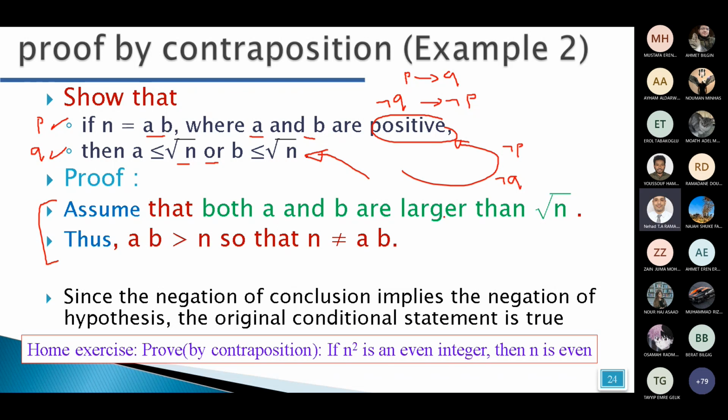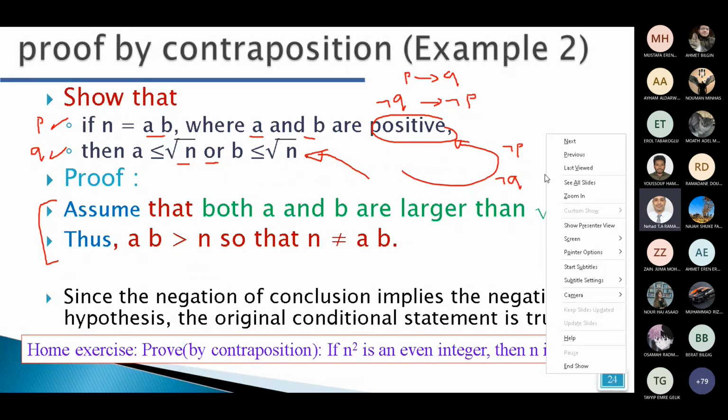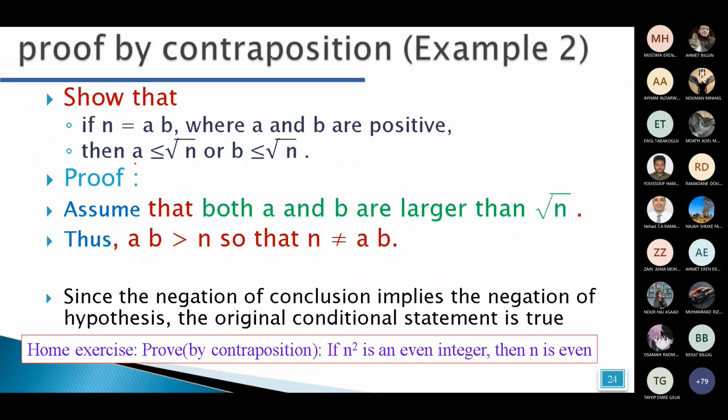What is not Q? Here, a less than or equal to root n. Its opposite is a greater than the root of n. And the opposite of this one, b greater than the root of n.